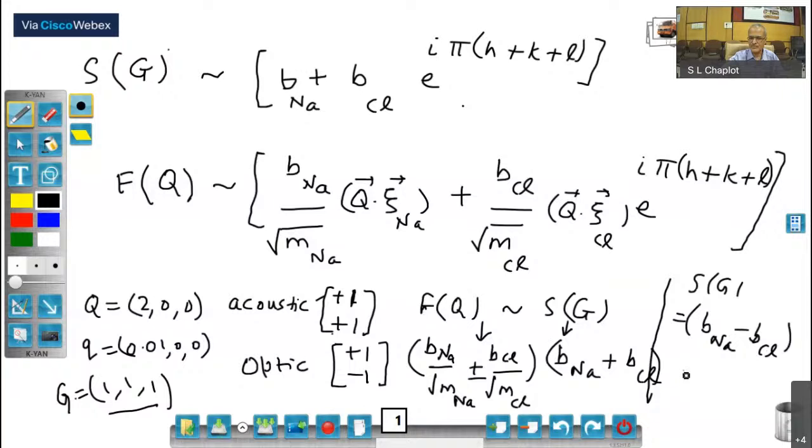However, for acoustic phonons, it is VNA minus BCL divided by the corresponding mass.